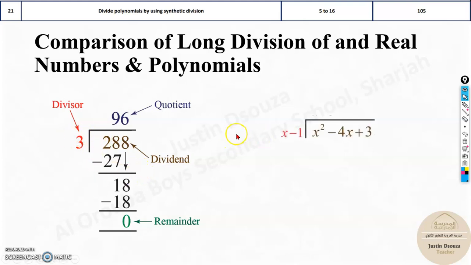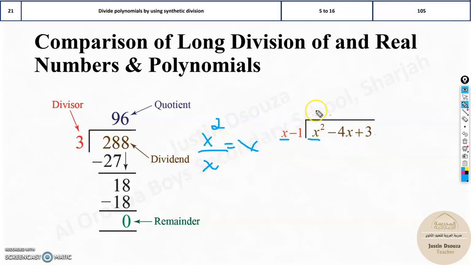Now here it's not very much different. Basically, you take the terms which are divisible and divide. Same thing. Look over here, it changes a little bit. Look at this term and divide the first term only, not the entire term. Here with numbers we take the entire number, but over here we see only the first terms. x squared divided by this term is equal to x.